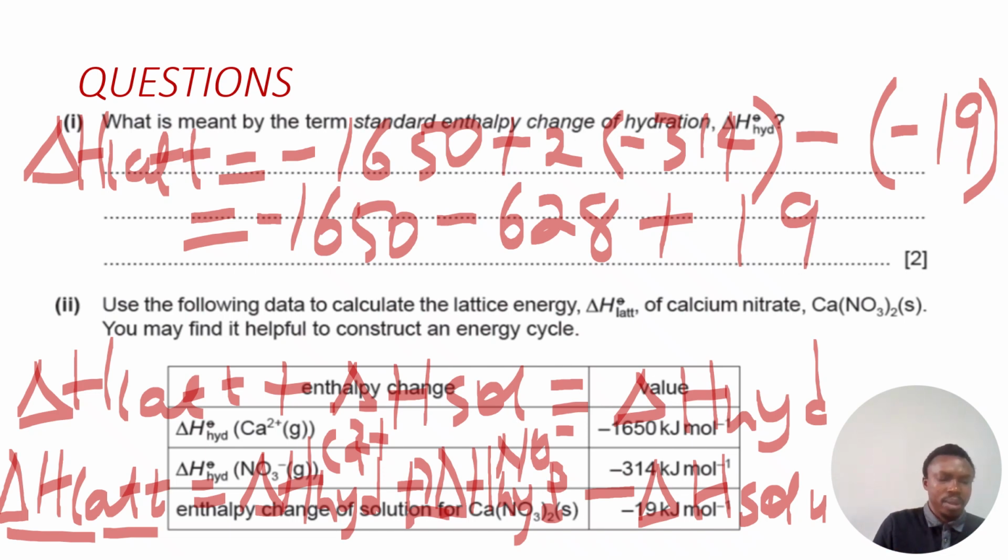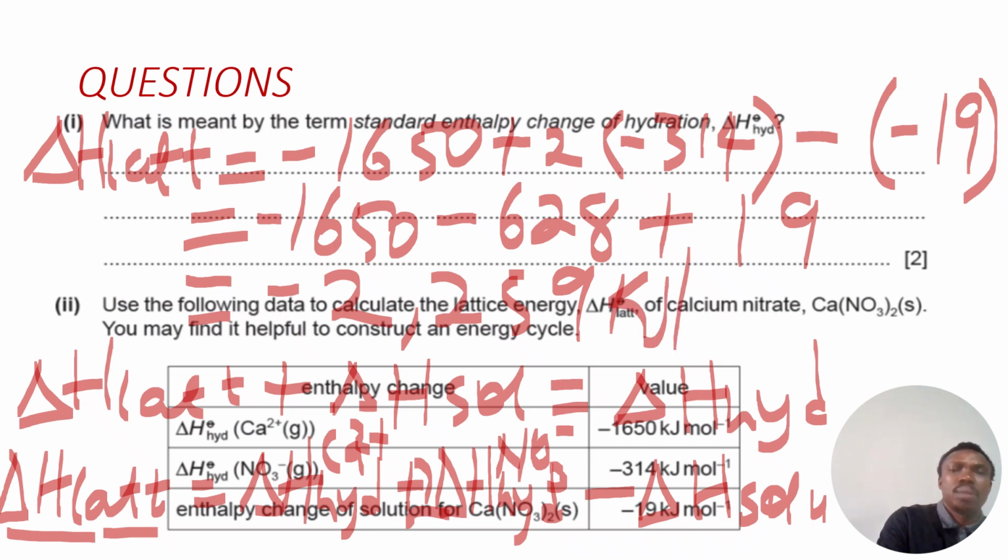So you have minus 1650 minus 628 plus 19, which will now be equal to minus 2259 kilojoule per mole.